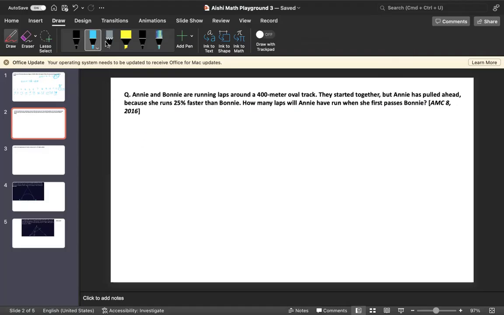So, let's just figure out what this question means. If this is the oval track, it looks more like a circle, and this is the starting line. It asks when Annie first passes Bonnie: Annie comes around and passes Bonnie from the starting line.